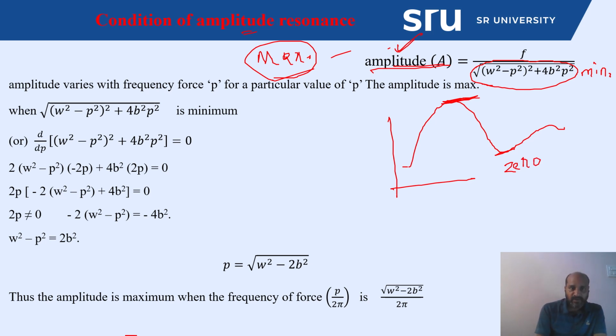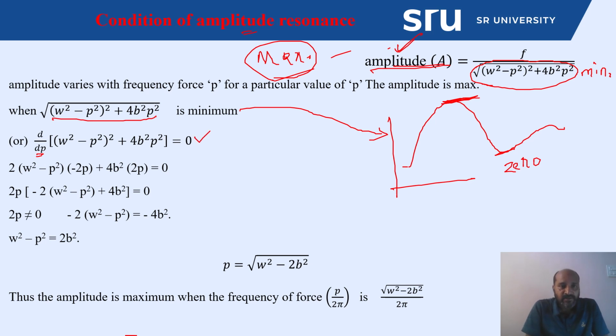Now if the denominator is minimum, the amplitude is maximum, so its first order derivative will definitely be 0. So at minimum, d by dp of (omega square minus p square) whole square plus 4b square p square will be equal to 0. Right?